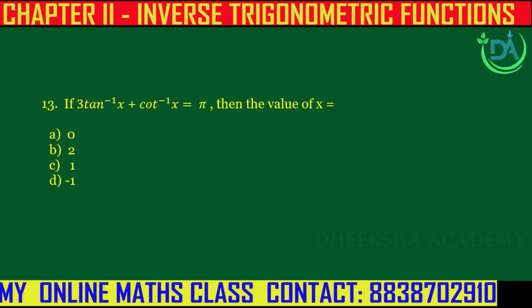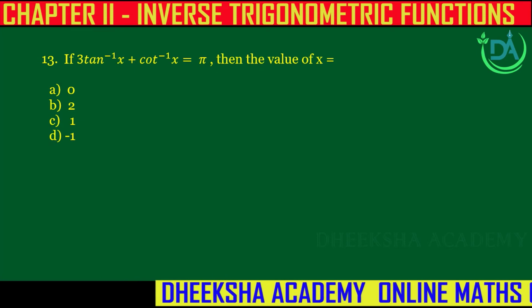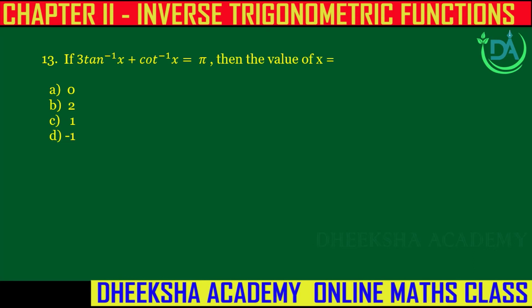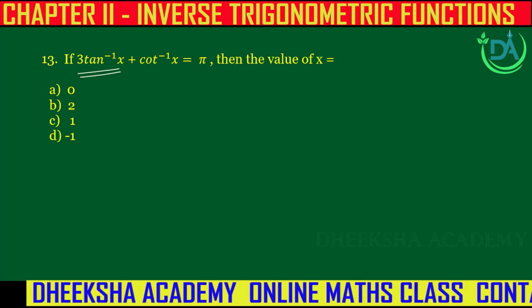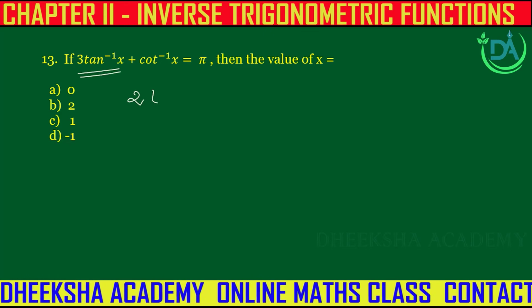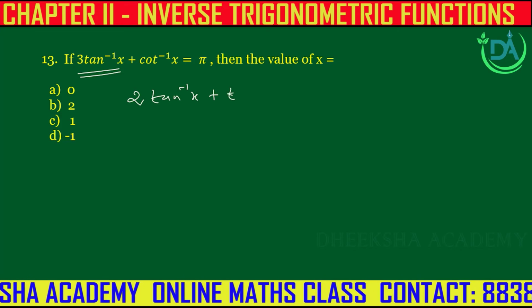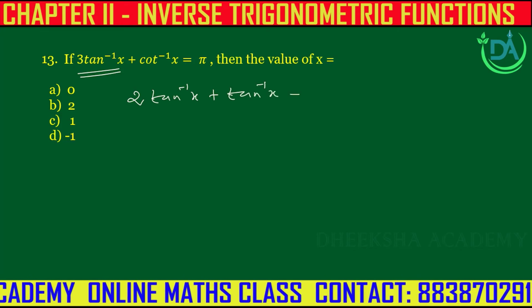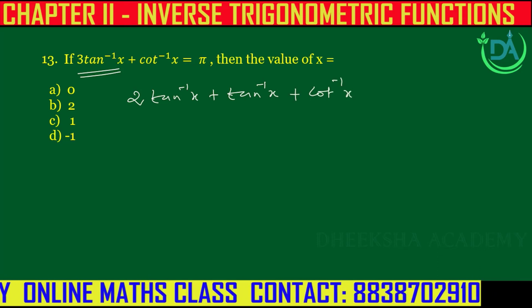Next, 13th question. If 3 tan inverse x plus cot inverse x is equal to pi, then find the value of x. Listen, this 3 tan inverse x can be written as 2 tan inverse x plus tan inverse x plus cot inverse x is equal to pi.